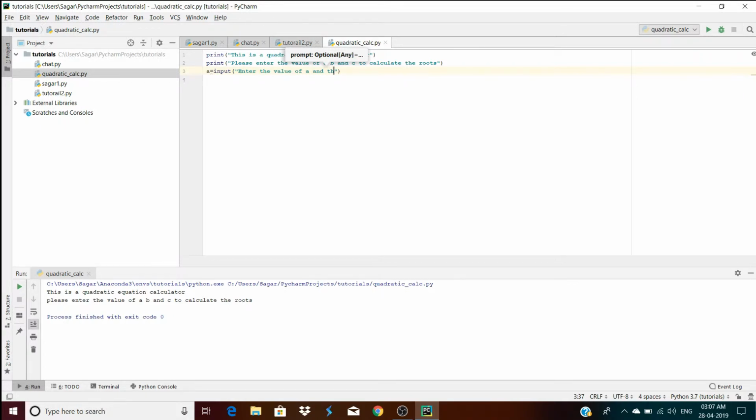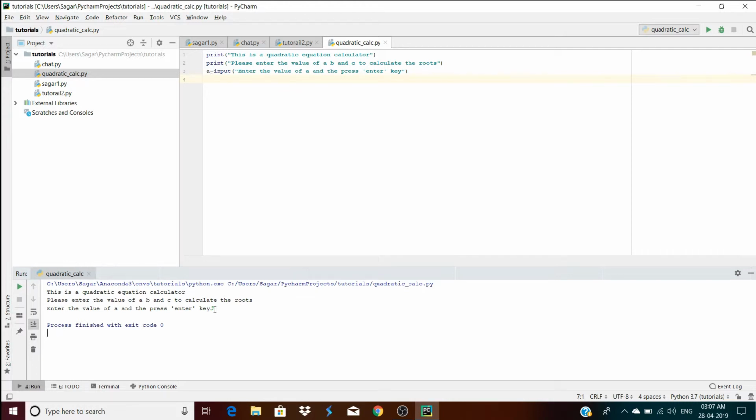Fine. So up till this would be clear. So let us just run it and see what happens. Yeah, it is saying enter the value of a and then press enter key. Suppose I press 3, it would just close my program. Yeah, it's closing. So let me just give a space here.